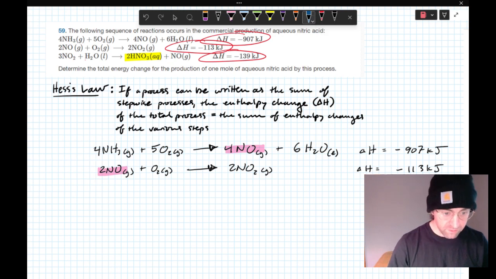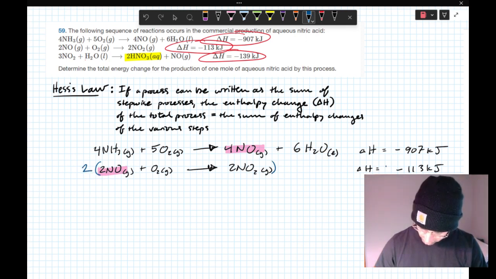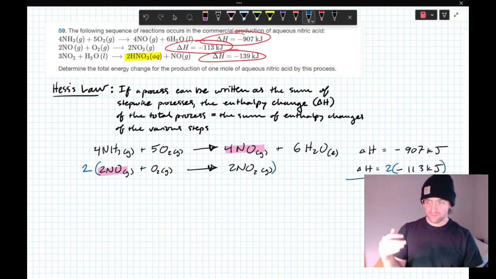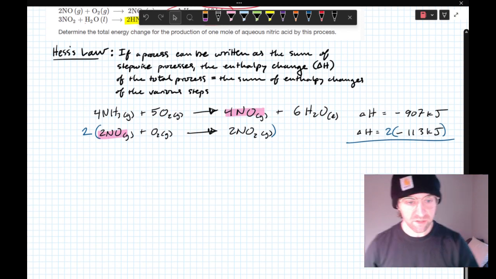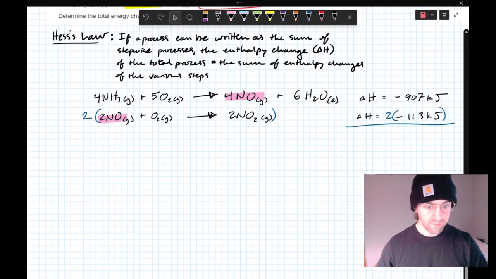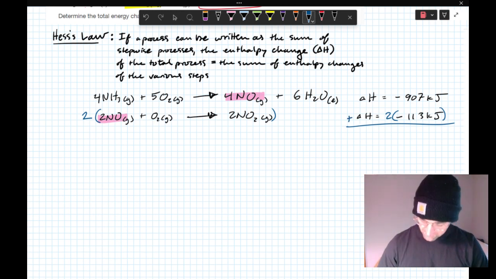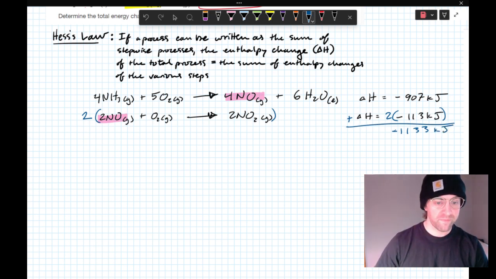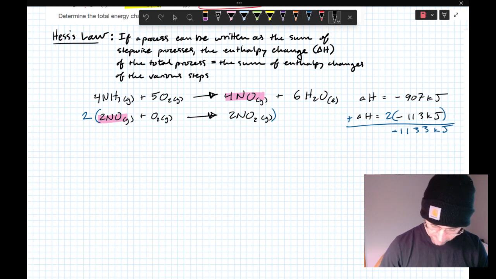To fix this, we simply multiply everything by 2, and then we can sum those together. Make sure you can see that. Okay. So if we sum those together, we should then get negative 1,133 kilojoules. Okay. So that's our first one.